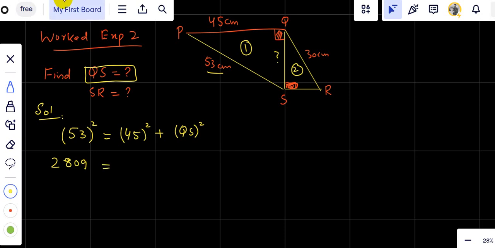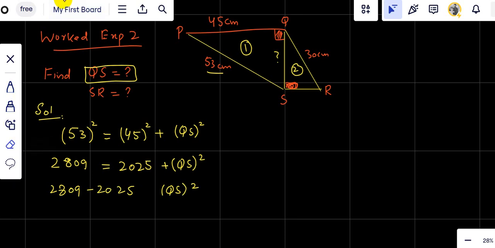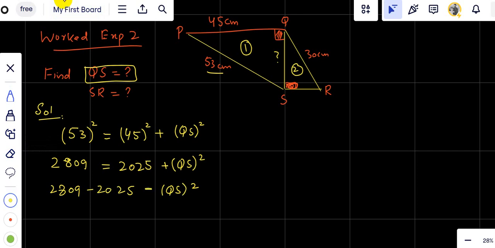And 45 square is 2025, plus QS square, and you can simplify it. It is an equal sign here. QS square equals 784.